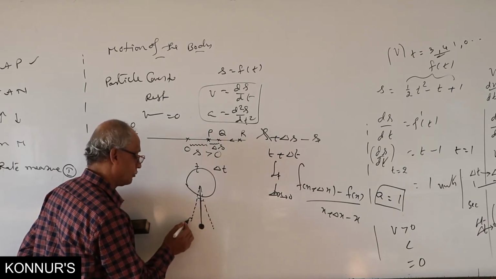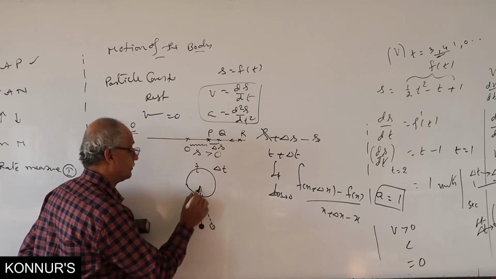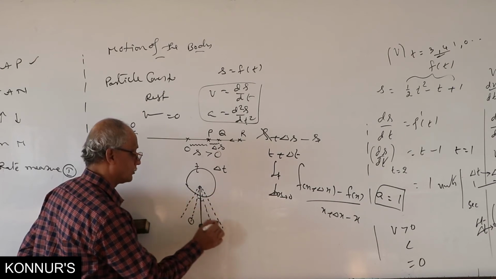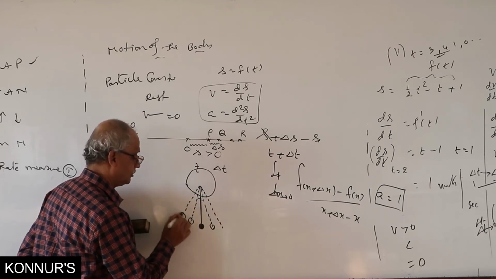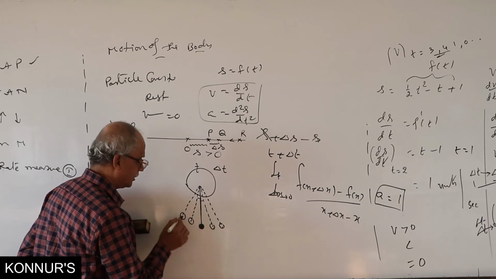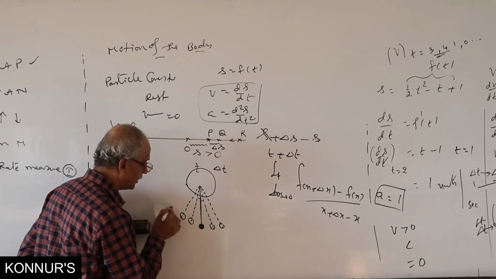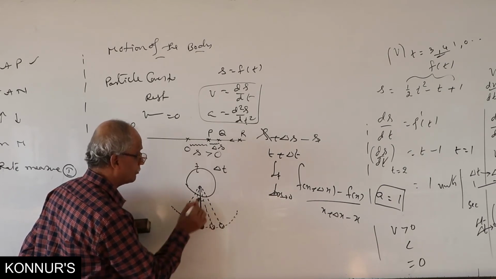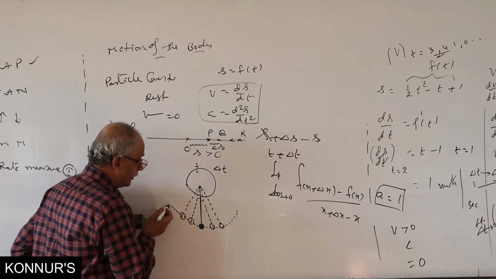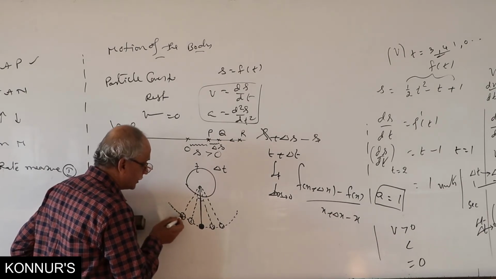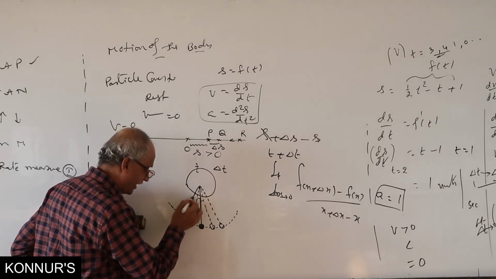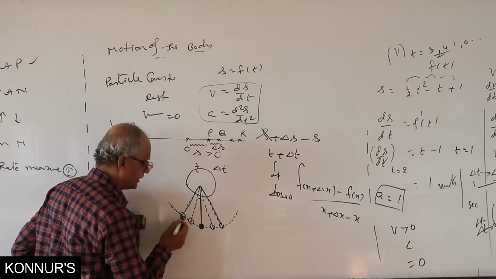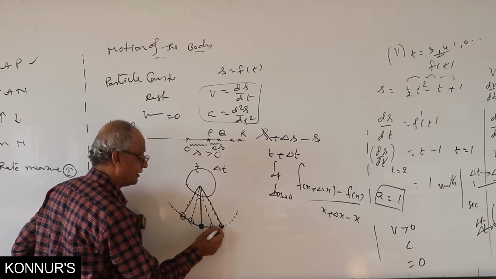Now consider these positions. If it is going with this much angle, the same angle it makes here also. This is the position. Take the positions and the centers of all these spherical diagrams. What is our observation? Simple harmonic motion, such that this forms a sector. The path of the centers of the spheres is the arc of the sector.